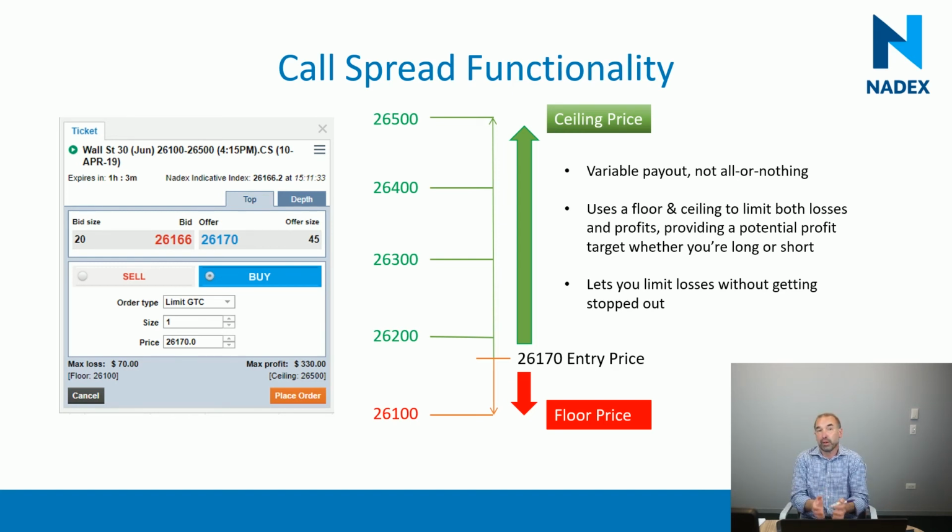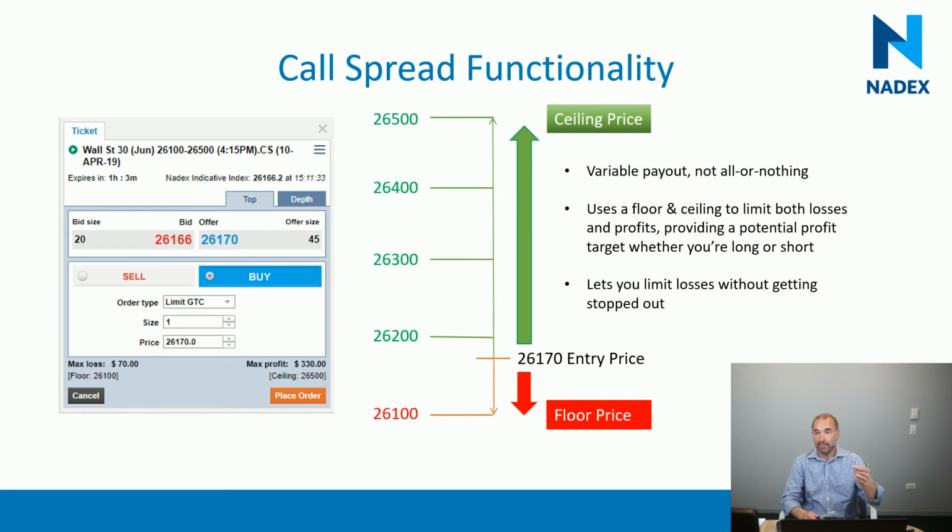Now, for that privilege, I may pay a little bit more in premium, right? So if I'm a buyer, the market may be, let's say right now we've got in the example 26,170. And when it's close to the floor, I'm getting very high effective leverage, in that if it's close to the floor, I'm going to pay a little bit more premium because I'm buying a lot of protection.